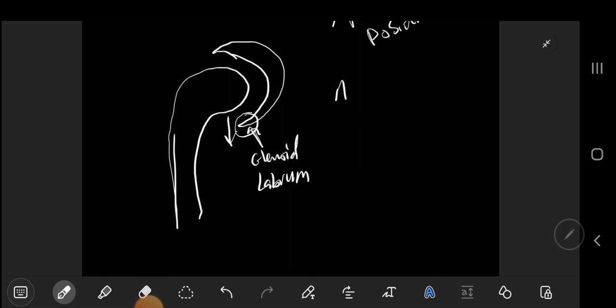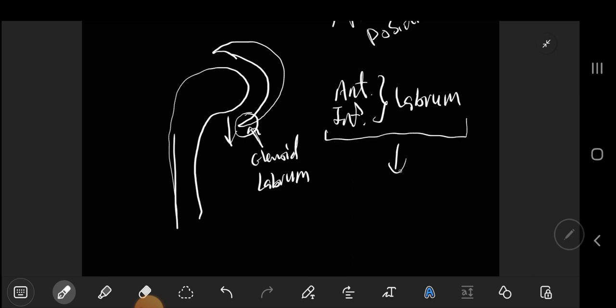The anterior inferior part of the labrum is most commonly damaged, and what is the name for this? This is called a Bankart lesion. Now this lesion can involve the glenoid bone or just stretch and tear the labrum.